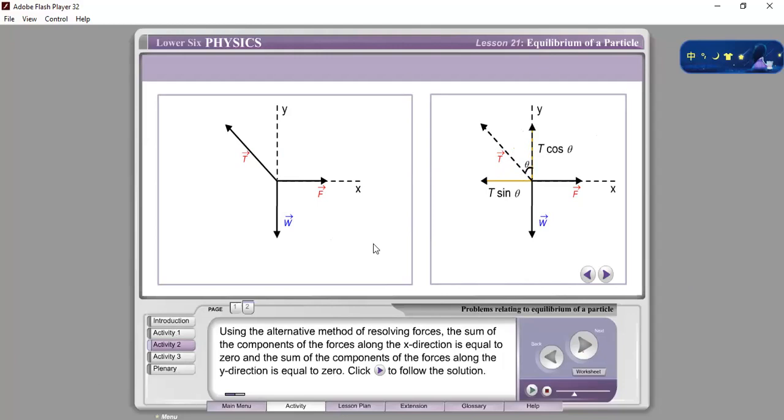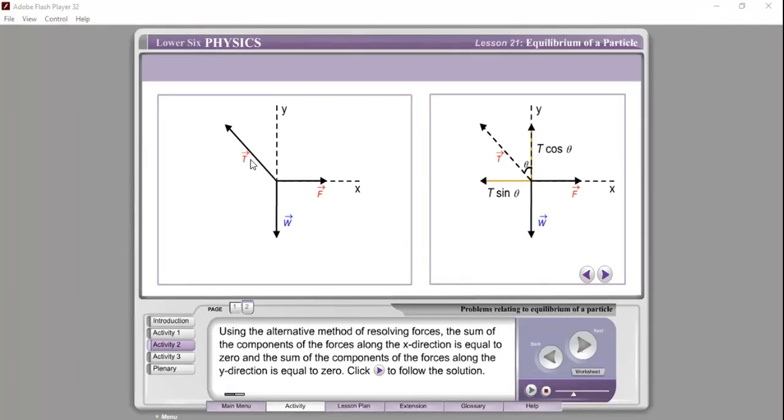The second method is to use the resolution of forces. So the force which is not in the horizontal or vertical direction, we resolve it into vertical and horizontal components.